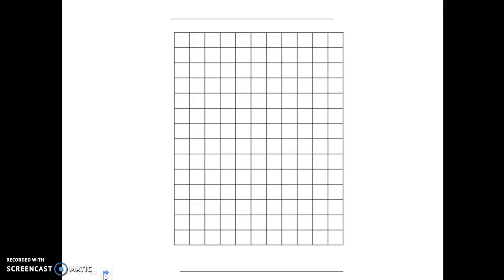So I have a blank one and you have one that has numbers, and what we're going to do first is understand the 6 parts of a climate graph. So let me get my pen here. Okay, 1. The first part is all graphs have a title.